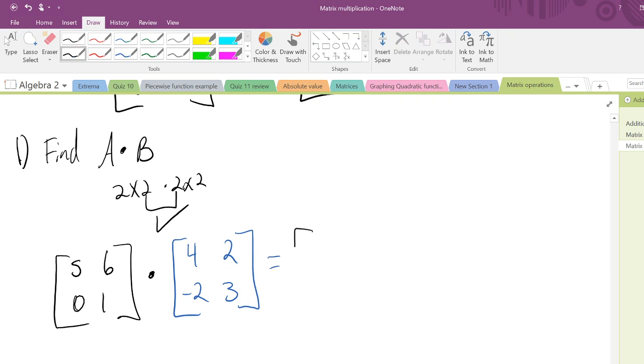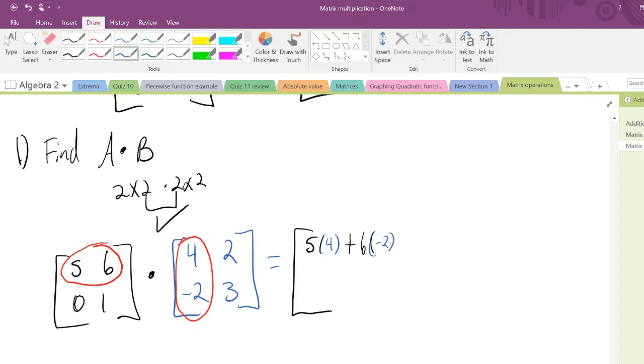I'm going to have 5 times 4 plus 6 times negative 2. Okay, and then I'm going to do the first row times the second column.